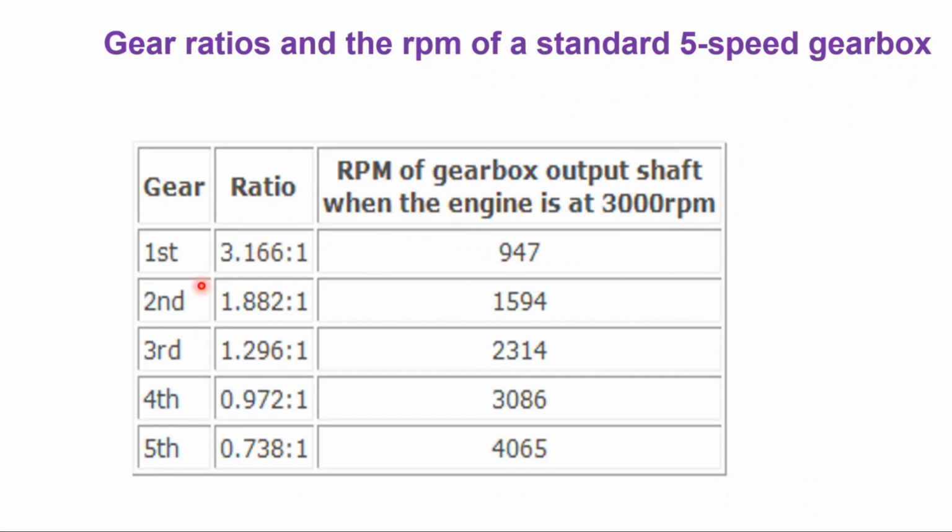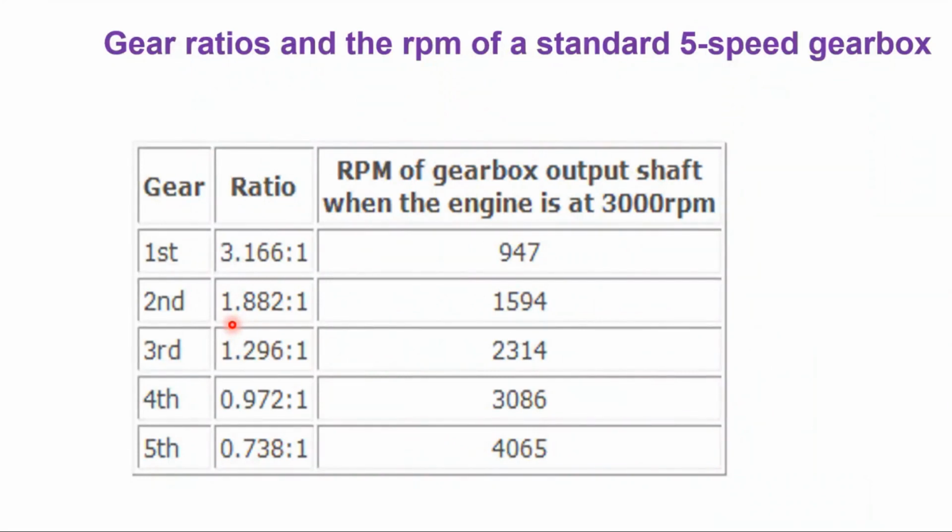When you're running the vehicle at 947 rpm, which is equal to the 947 rpm of the engine, the gear ratio is going to be 3.1:1. In the case of second gear, the gear ratio gets reduced as the gears are shifted from low to high.